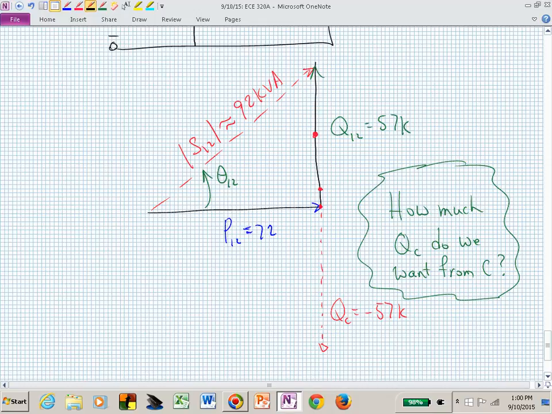But you wouldn't want to get it too negative, because then your angle goes even bigger in the negative direction, and now you're having a power factor that's 0.7 leading, and the power company's going, you guys are just playing with me here, because you'll still be requesting a large magnitude of current to deliver that, more than what you would need to supply just the real load.